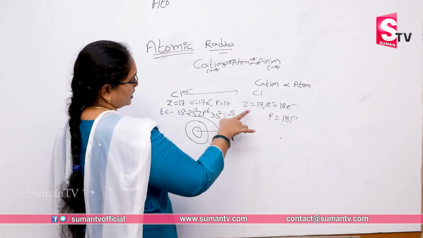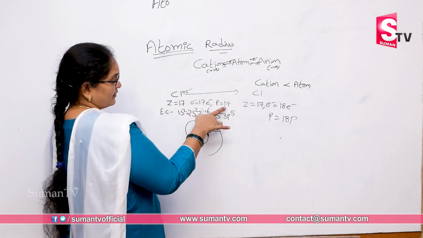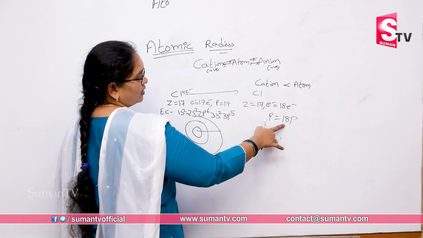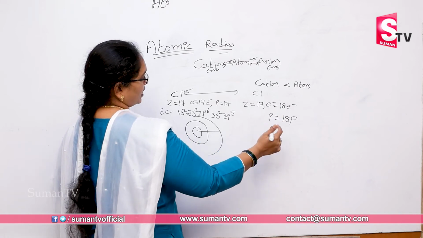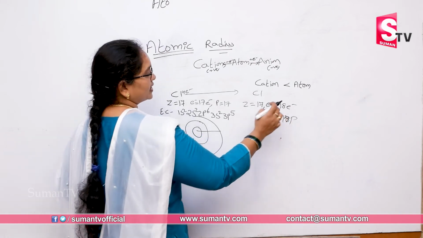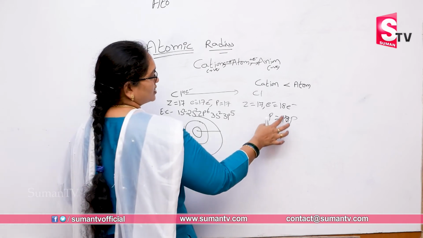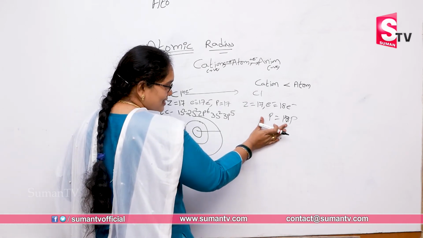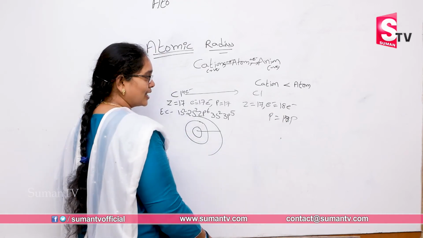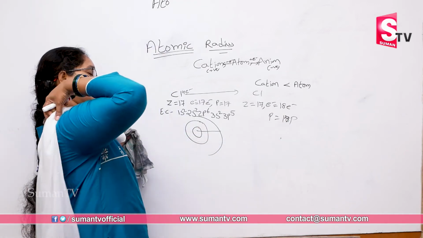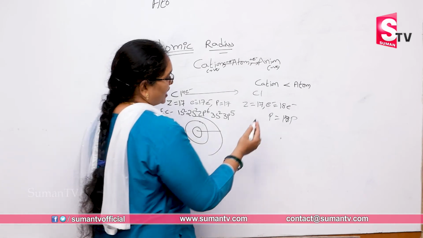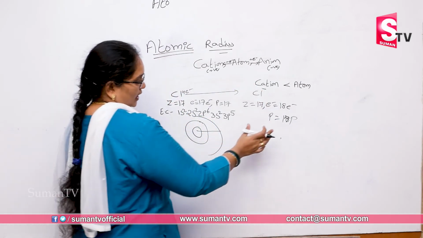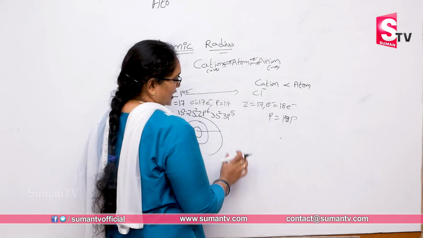In the atom, 17 protons are holding 17 electrons; here, 17 protons are holding 18 electrons. Here the nuclear charge per electron decreases. Due to the decrease in nuclear charge, the atomic radius increases.